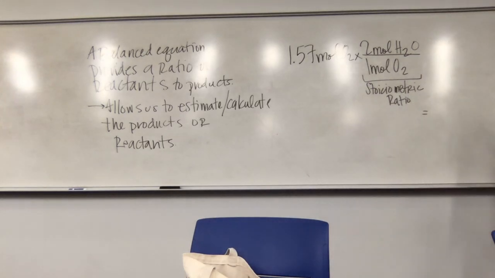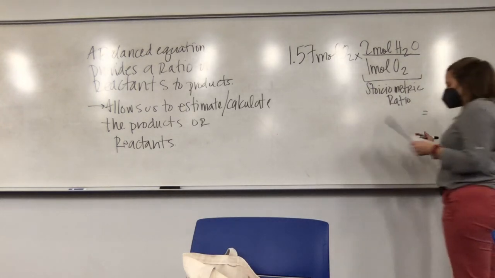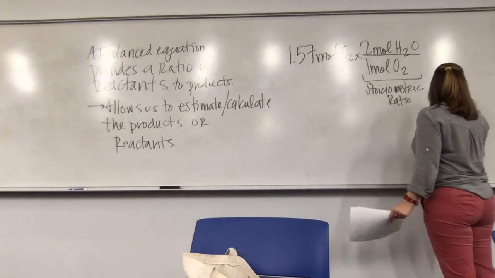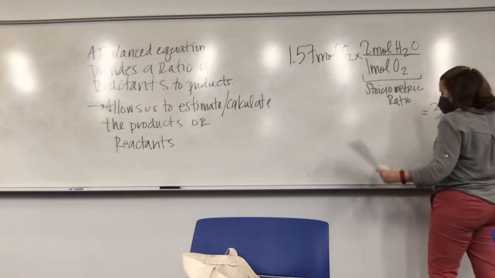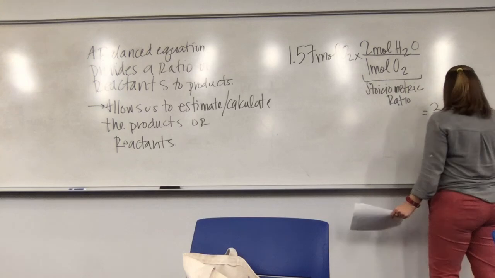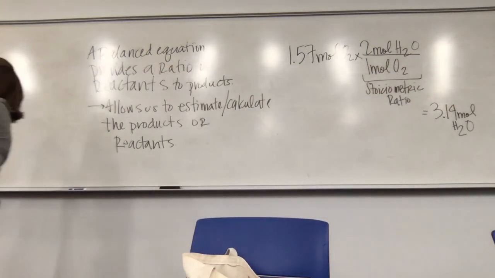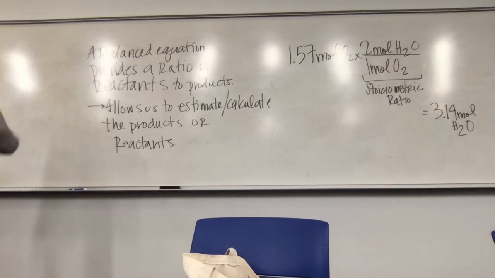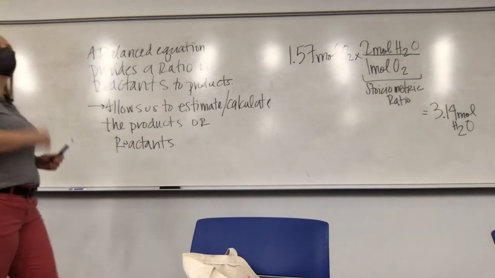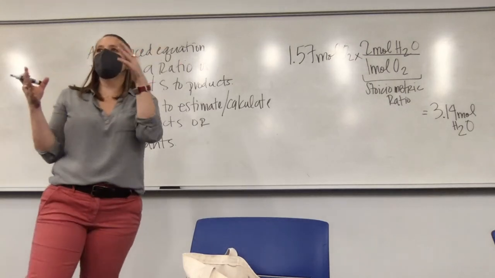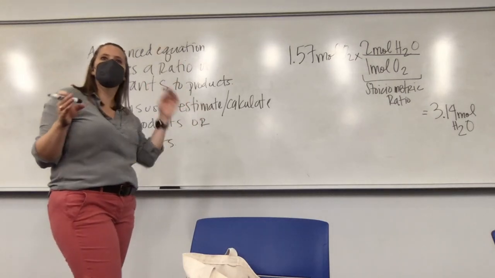When you plug this into your calculator, you should hopefully get 3.14 moles of H2O. All we did is convert from moles to moles using the stoichiometric ratio. The stoichiometric ratio is just the big numbers at the front of a balanced chemical equation.